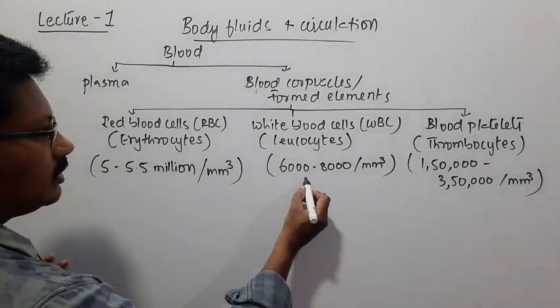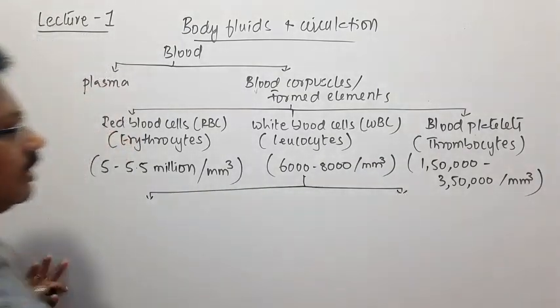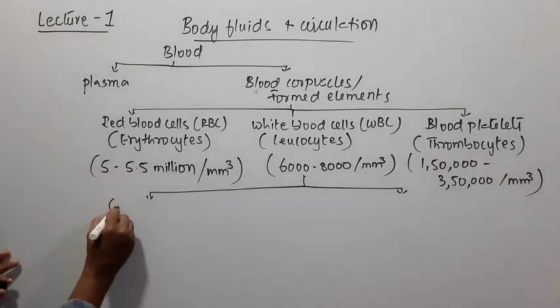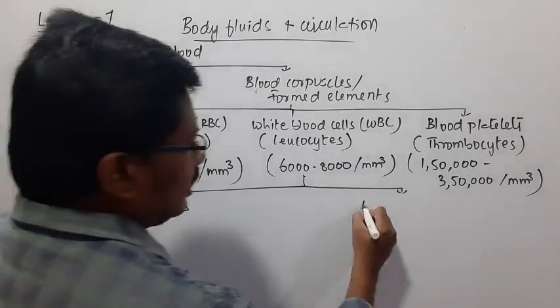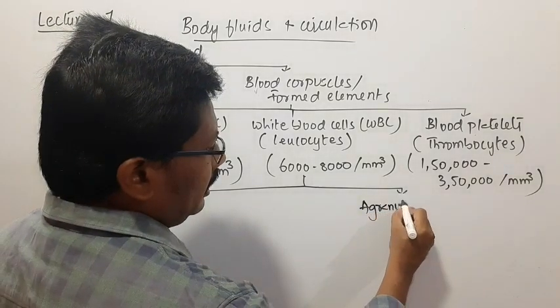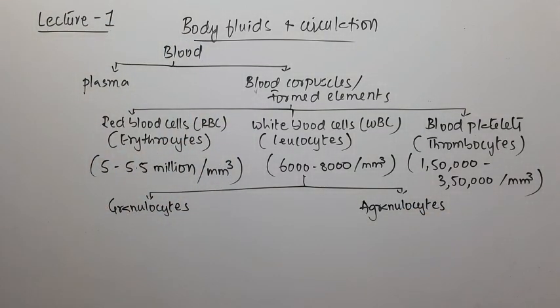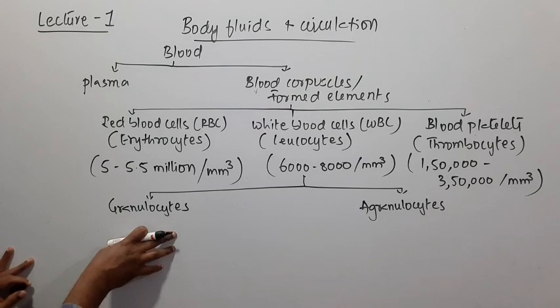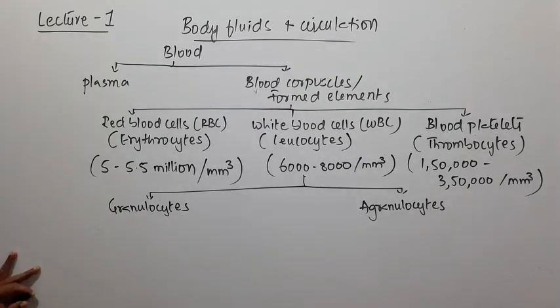Now these white blood cells, we have further types. We classify WBCs into granulocytes and agranulocytes, depending on the presence of granules in those cells. If granules are present, then we call them granulocytes. If they are not present, they are called agranulocytes, right?